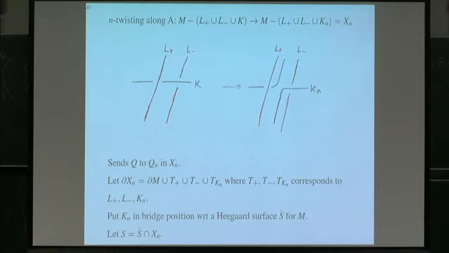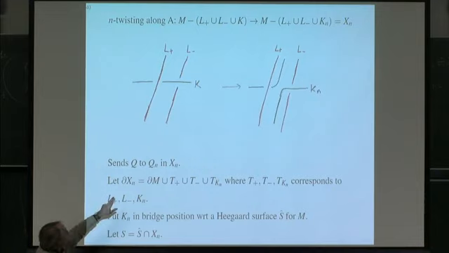And then this homeomorphism, this twisting along A, sends the catching surface Q to a new surface in this picture that has boundary that's twisting along this annulus. So the image here, Q sub n, is complicated longitudinally. It's twisting more and more times this way.